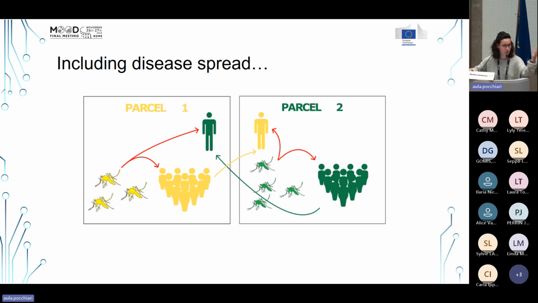So we wanted to include this in the model, and we based our work on Soriano Paños's work, and we split the human population into 2 subpopulations: the residents and the visitors. And the visitors are moving from one place to another. And by being bitten by mosquitoes, they are in this way spreading the disease.